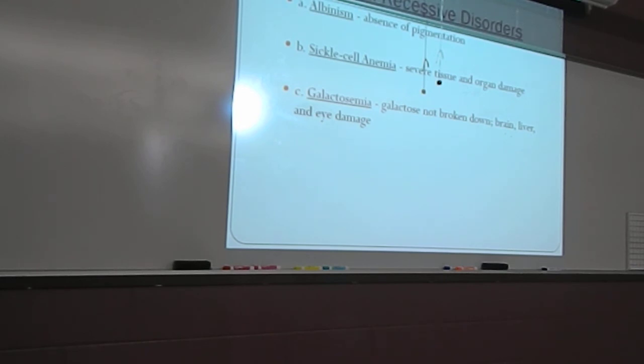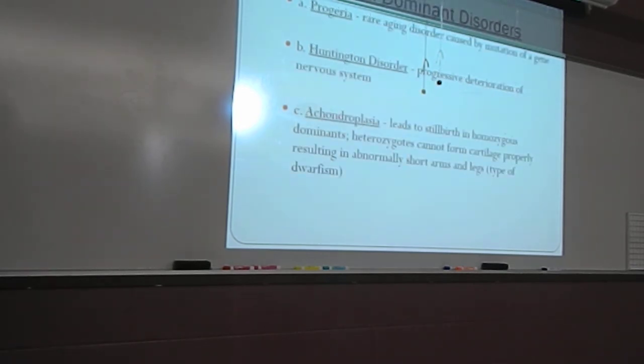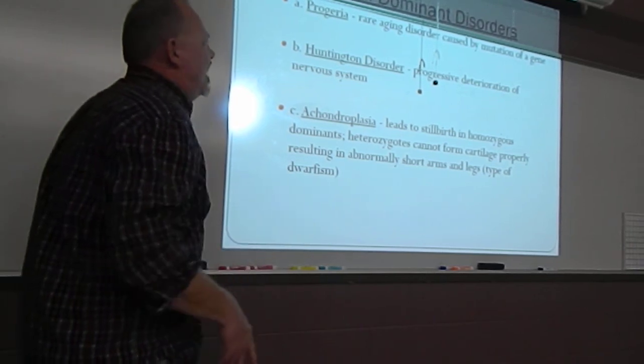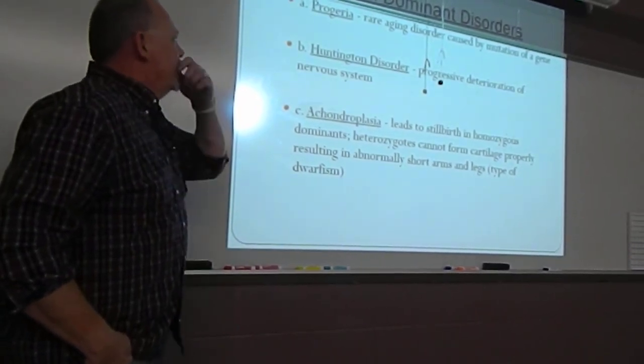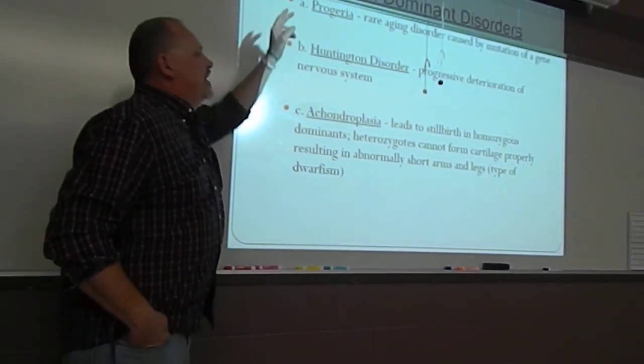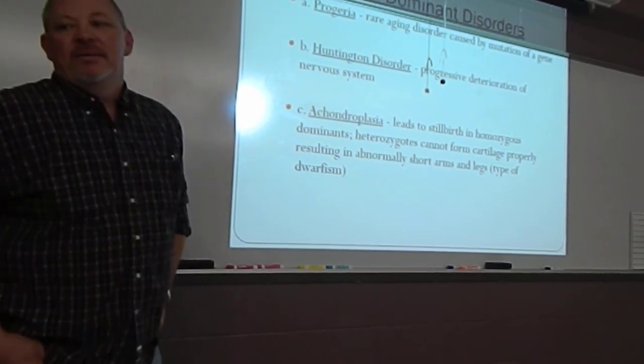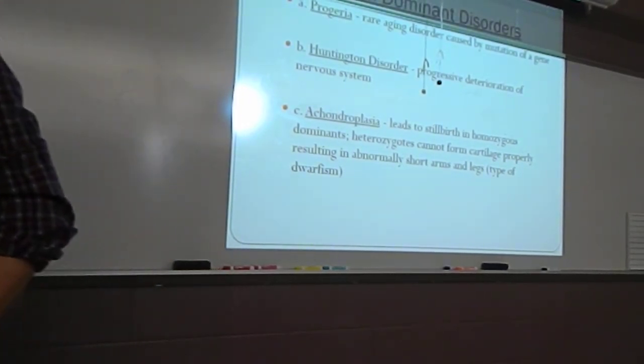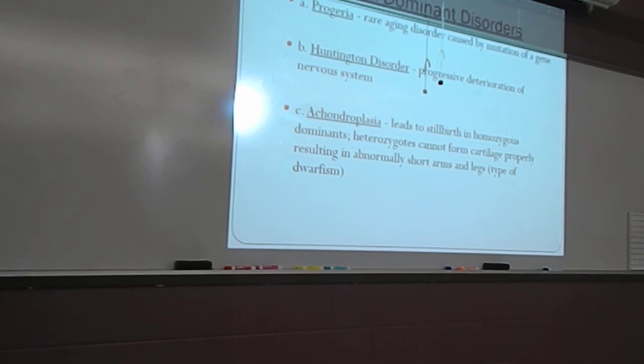The next one is autosomal dominant. So if you're homozygous dominant, you get the disease. Progeria is one where I think the movie was Jack, where the babies grow old exponentially.